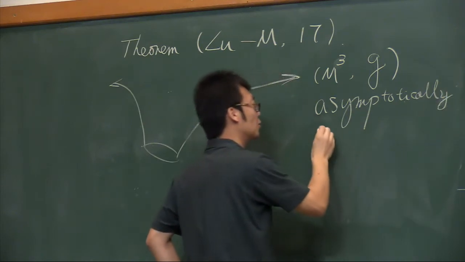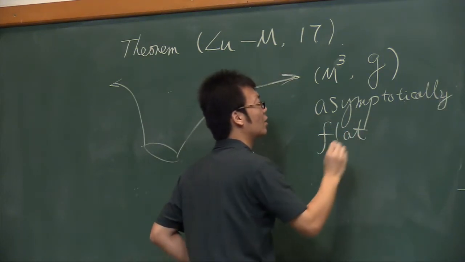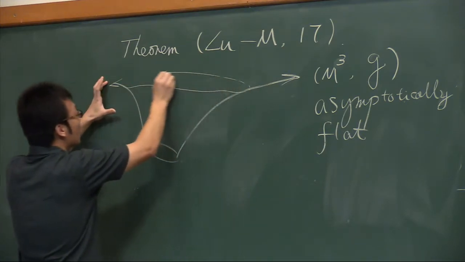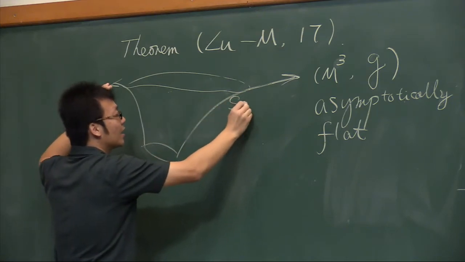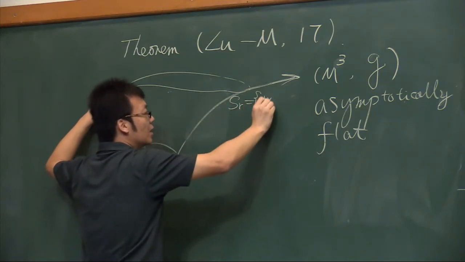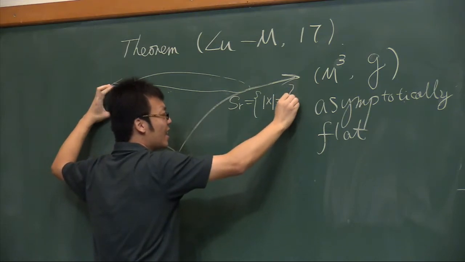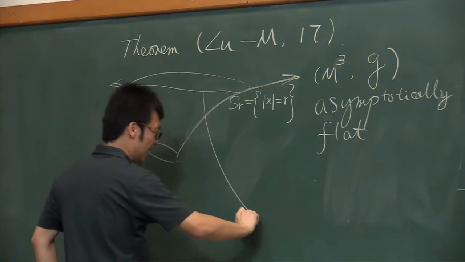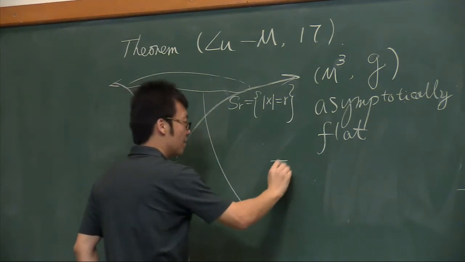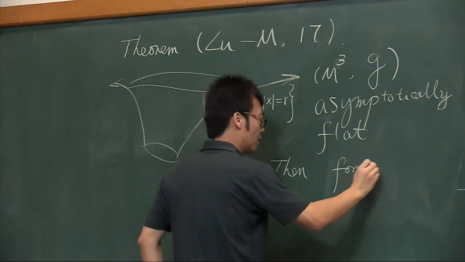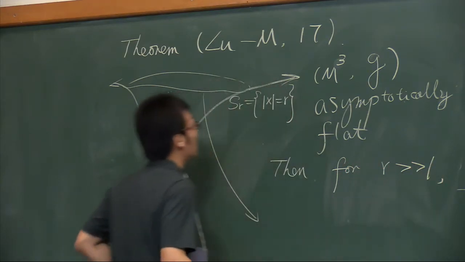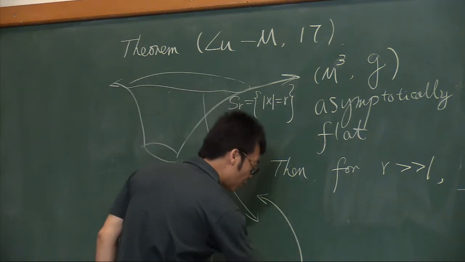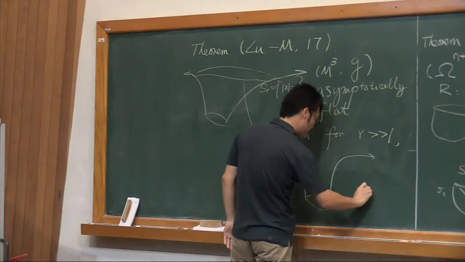which I really didn't define. If you consider a large coordinate sphere, say this S_R, which consists of points whose coordinate length is a fixed number, then for sufficiently big R, such a hypersurface can be isometrically embedded into any Schwarzschild manifold with positive mass.